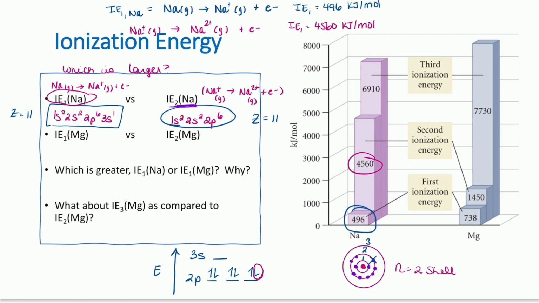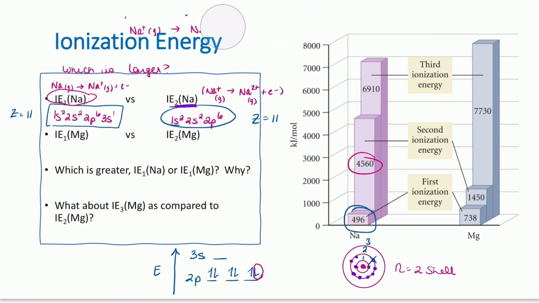What about the first ionization energy of magnesium and the second ionization energy of magnesium? We're going to think about it in the same way. So let's go ahead and write out what those reactions are. First ionization energy: magnesium gas going to Mg+ gas plus an electron.